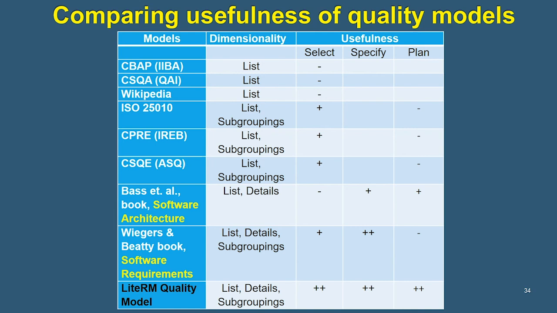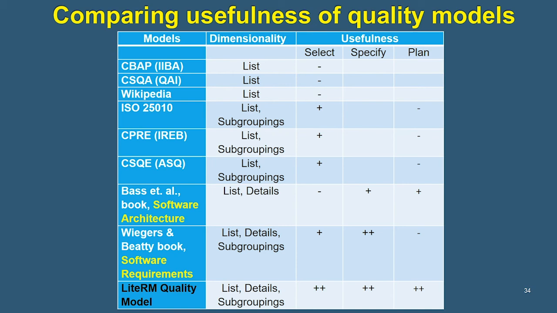And here's, if we have to select the relevant requirements, the relevant quality attributes, if we have to specify them, specify their level and priority, and if we have to plan these 3 strategies of achievement, verification, and monitoring, then what helps?